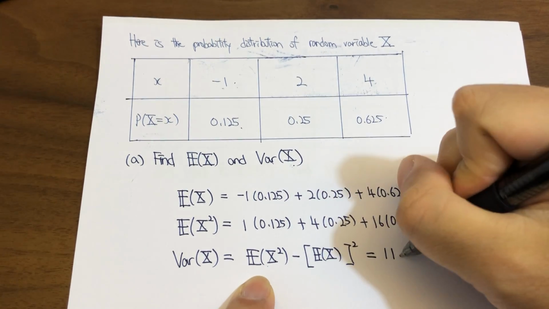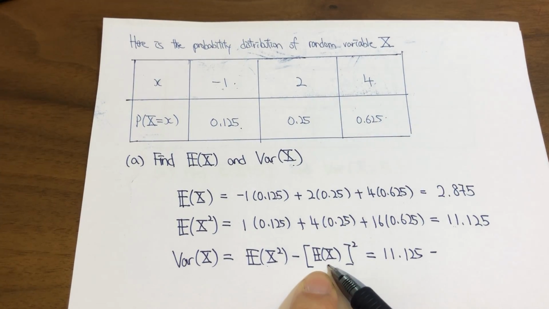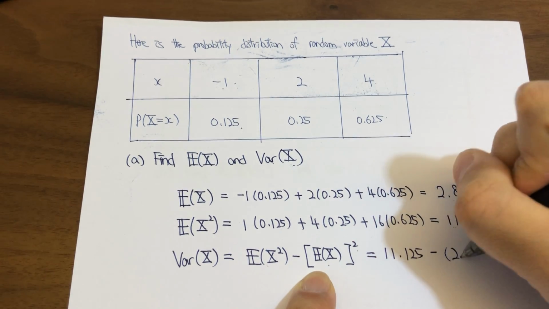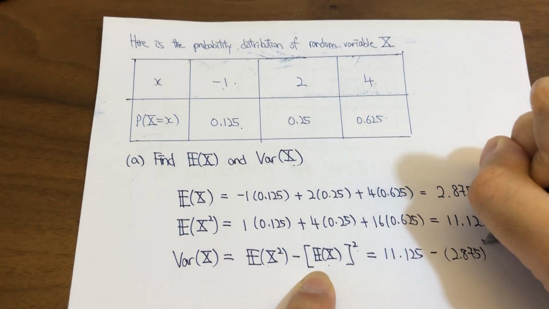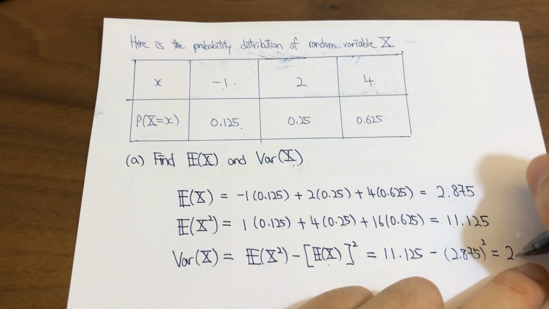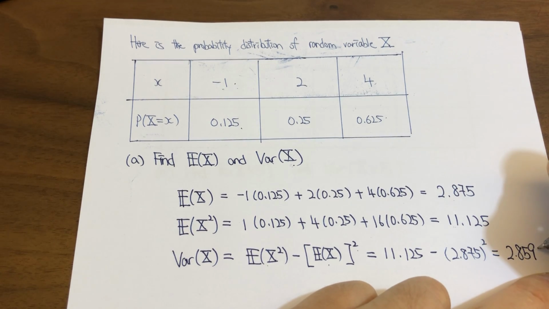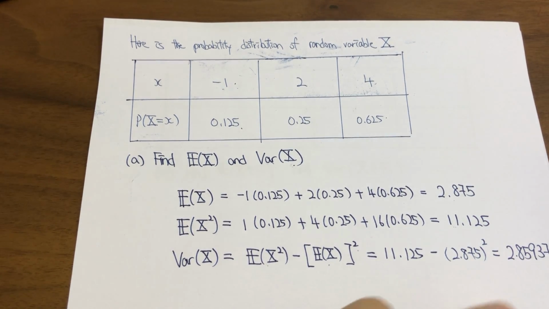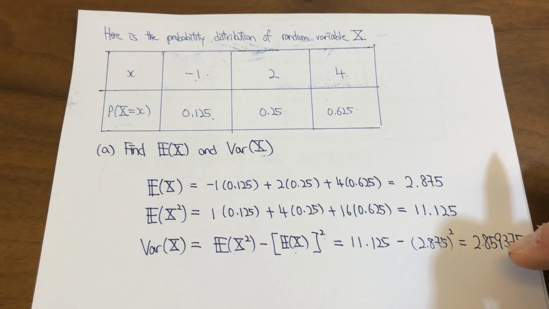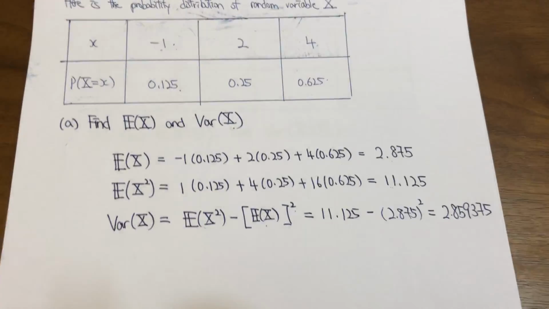It is 11.125. And then minus the mean squared. The mean is 2.875 squared. Therefore, the variance is 2.859375. This is the mean, this is the expected value, and this is the variance of x.